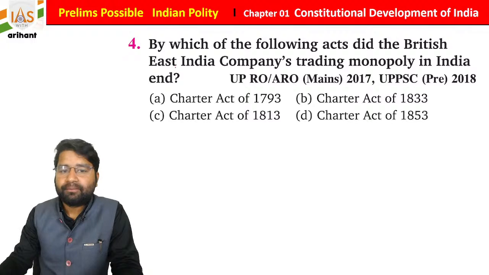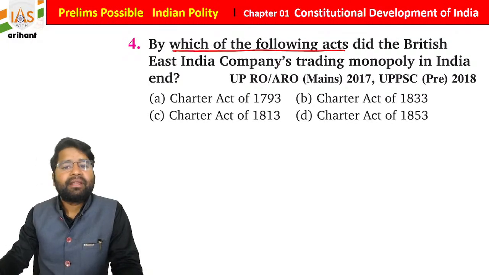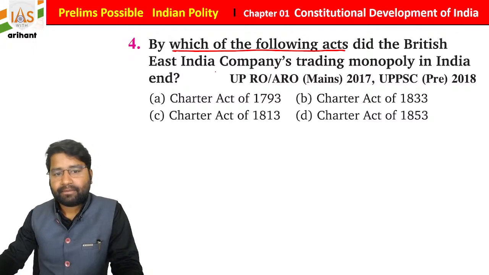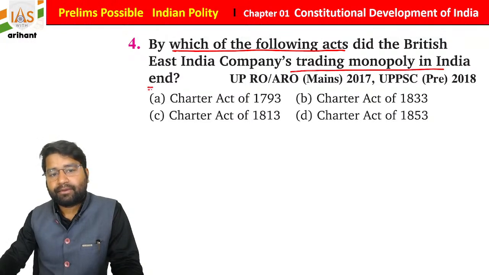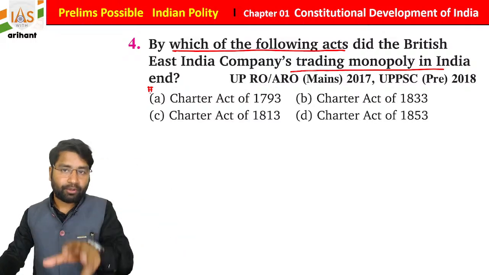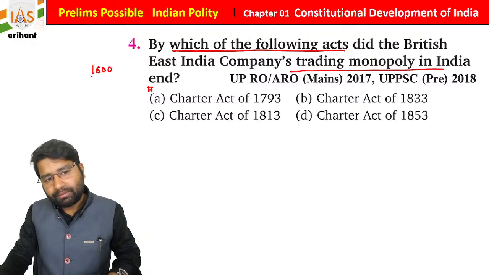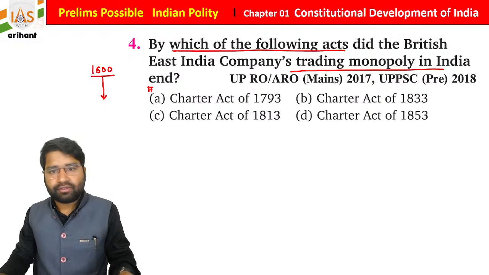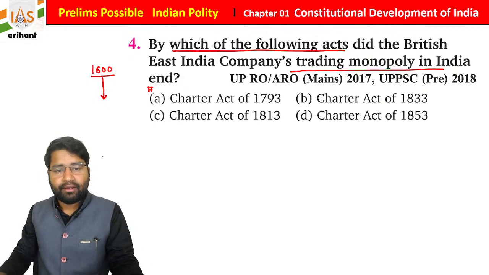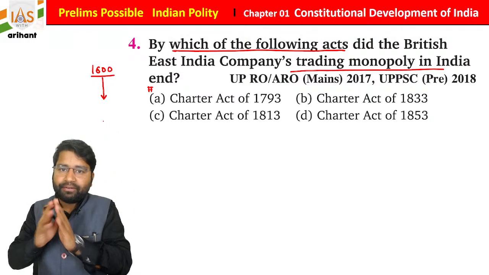Now we're moving towards another question. By which of the following acts was the British East India Company's trading monopoly in India ended? So by which act was the trading monopoly ended? I told you already, in 1600 the British East India Company got the right to do trade in India, and initially it was only for 15 years, but it was extended. Okay, and up to this year they were doing free trade in India.